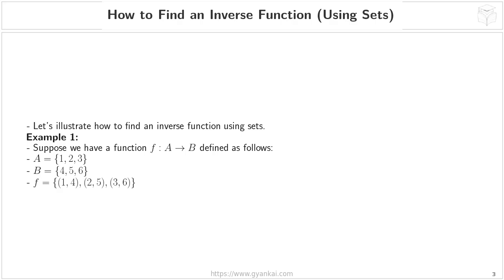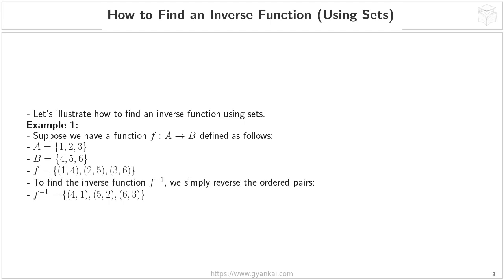Now, to find the inverse function, denoted as f inverse, we simply reverse these ordered pairs. So, instead of 1 mapping to 4, 4 now maps to 1. Instead of 2 mapping to 5, 5 maps to 2. And instead of 3 mapping to 6, 6 maps to 3. Therefore, f inverse is the set containing the ordered pairs 4 mapping to 1, 5 mapping to 2, and 6 mapping to 3.